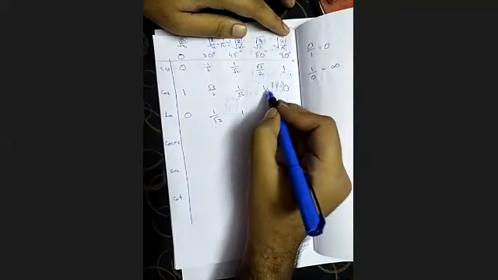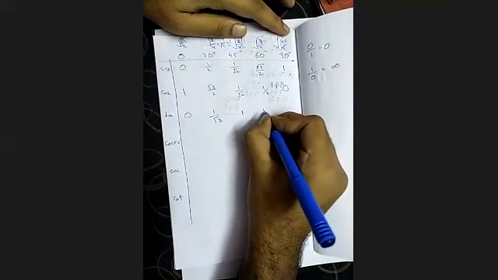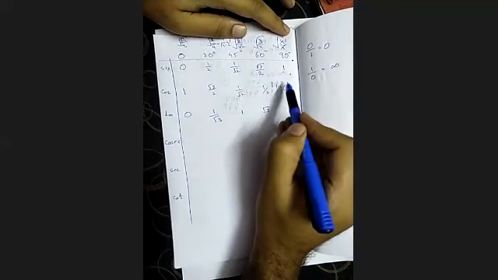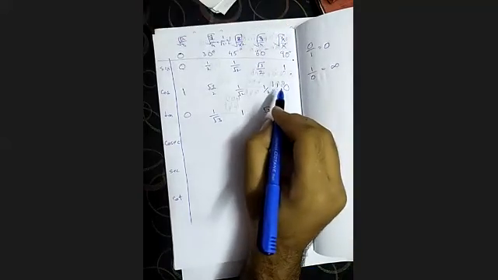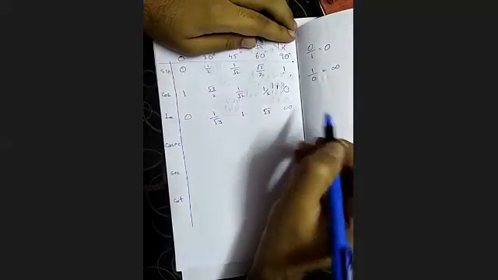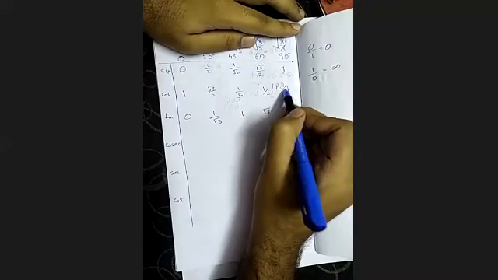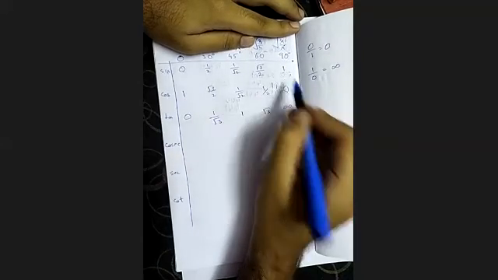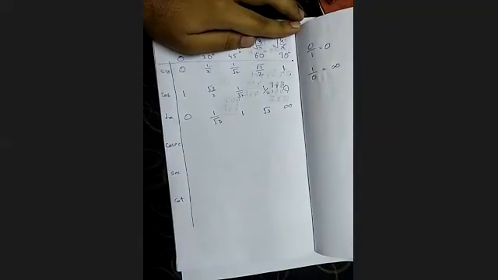Root 3 by 2 divided by 1 by 2 is root 3. 1 by 0 is infinity or undefined; we can't define infinity, so it's undefined. We are dividing sine and cos.